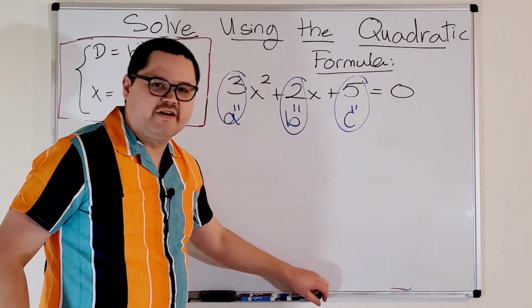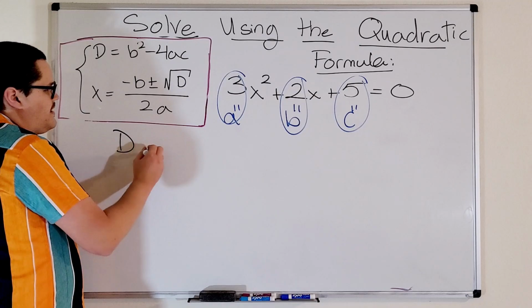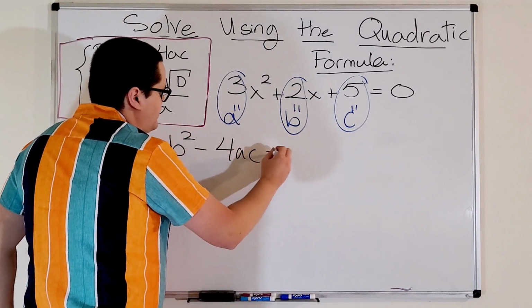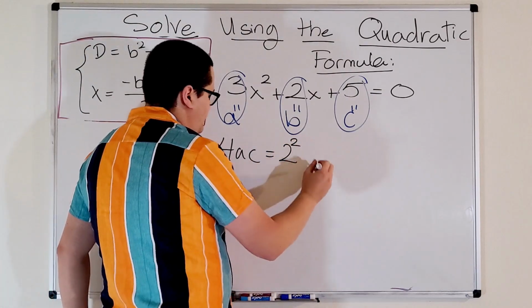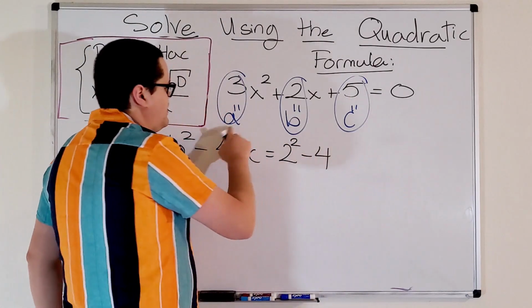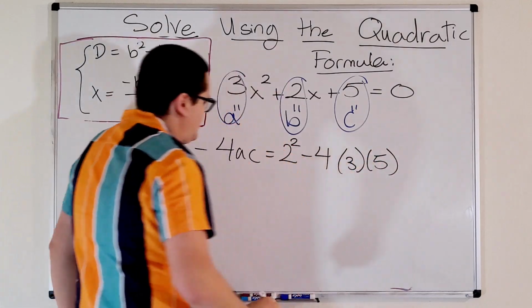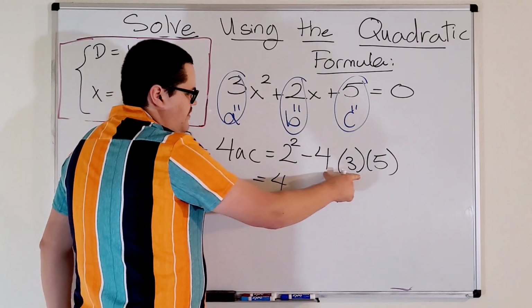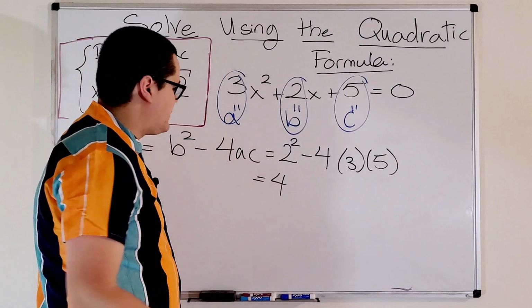So the first equation, capital D, is b squared minus 4ac. b squared is 2 squared minus 4 times 3 times 5. So 2 squared is 4. 4 times 3 is 12. 12 times 5 is 60.